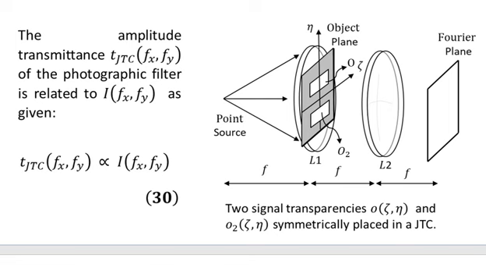Once the photo glass is illuminated, after the exposure on the photo glass, you need to develop the photo glass and then dry it. Then that dry film will be referred to as the joint transform correlator filter. And that filter can also be placed back over here for further processing.